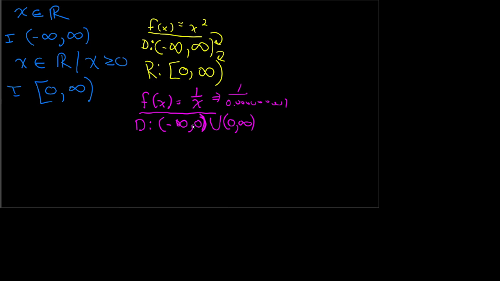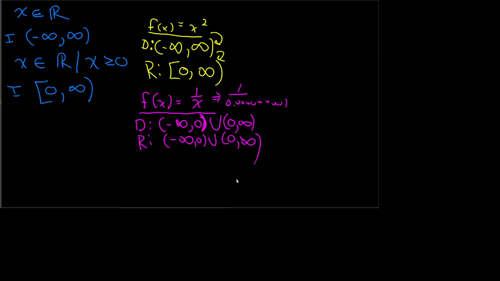And that's something we're going to have to explore in calculus, is how close we can get to these boundaries and what it means. Well, if I put all of these numbers into here, I'm never going to get a 0 out of it, but I will get positive and negative numbers. And so this range is also the same. So there are different domains and ranges for each function.